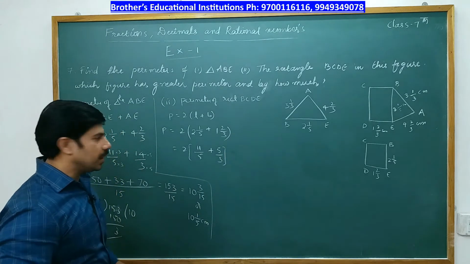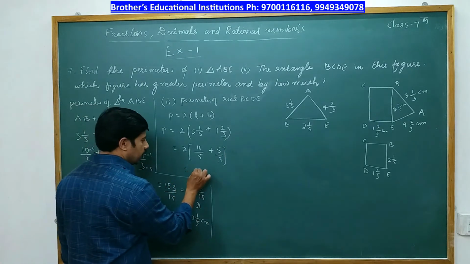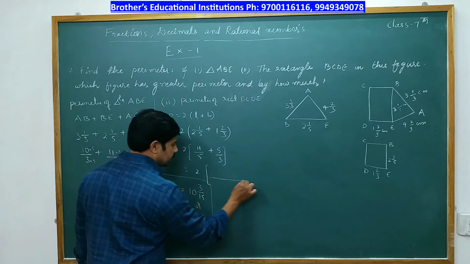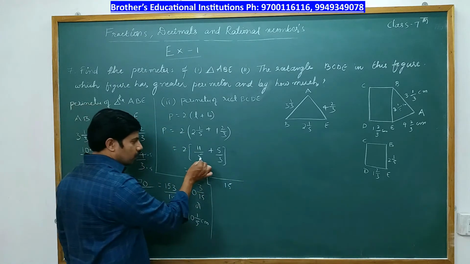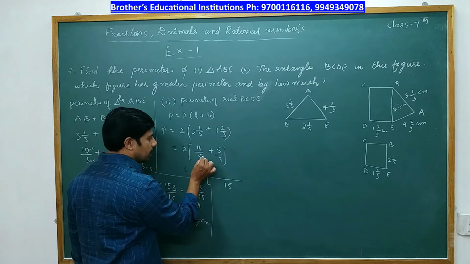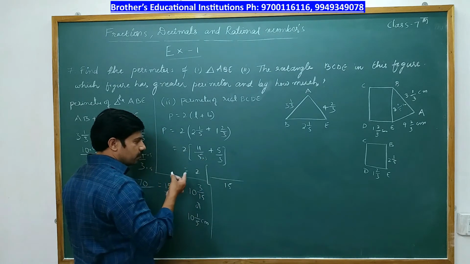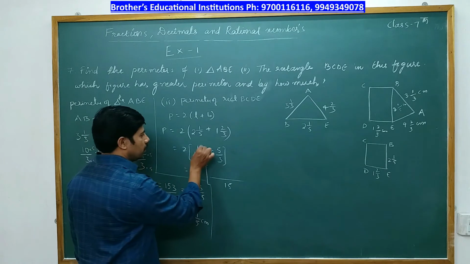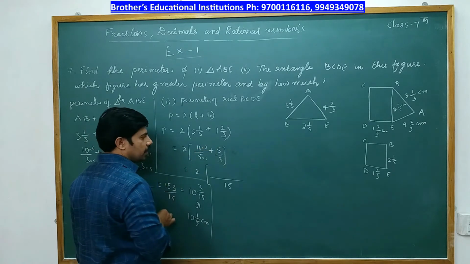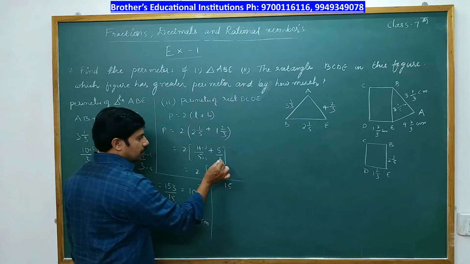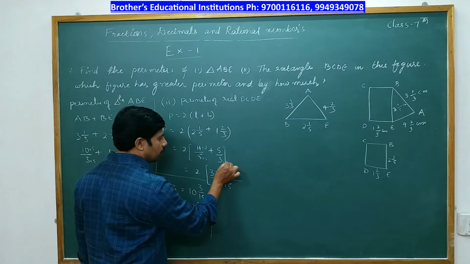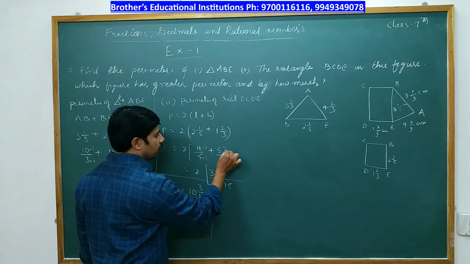Now as the denominators are not equal, we'll take the LCM. The LCM of 5 and 3 is 15. So 5 goes how many times in 15? 3 times. As we are multiplying the denominator with 3, the numerator also multiply with 3. 11 times 3 is 33, plus 3 goes how many times in 15? It goes 5 times. So this also multiply with 5.